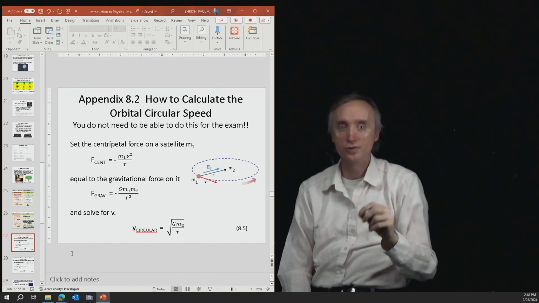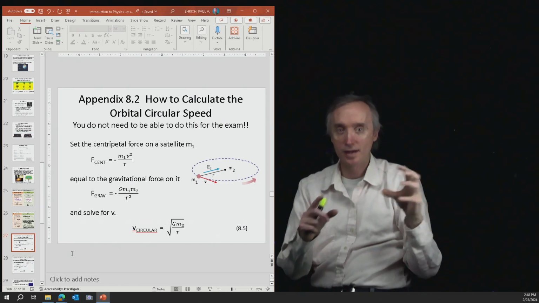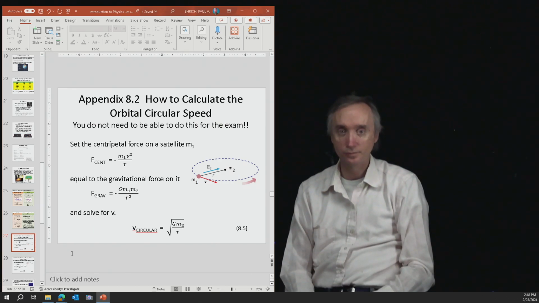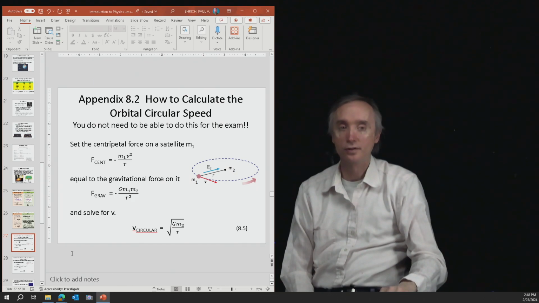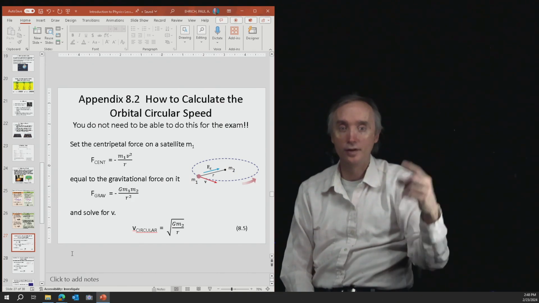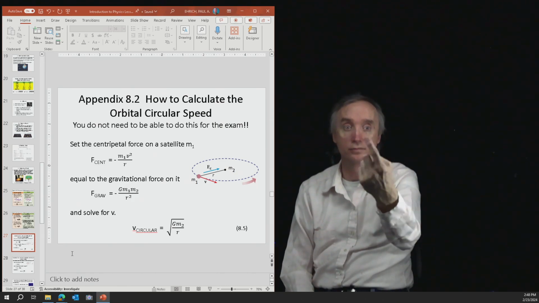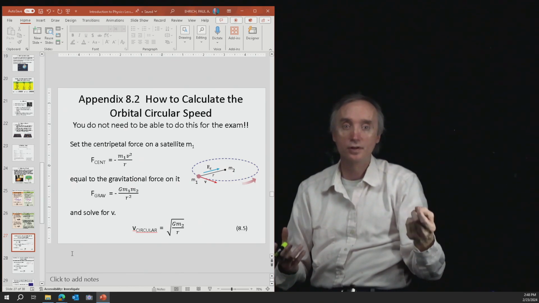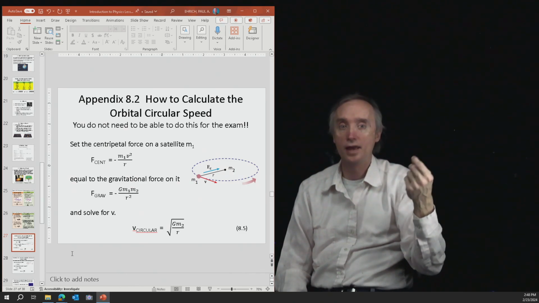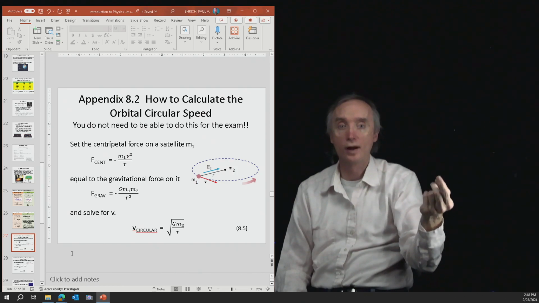You take those two equations, set them equal to each other, and then solve for the letter V, and then that turns out to be the circular speed of an object going around a star. Or it could be the circular speed of a rocket ship going around the Earth.